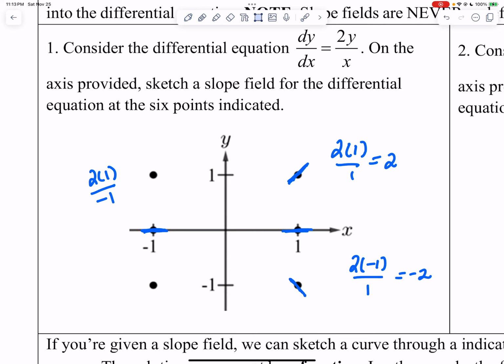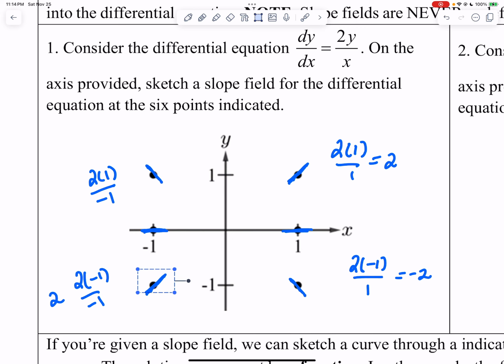So I'm just going to copy and paste that right here. Same thing for this coordinate right here. So we have 2, negative 1 over negative 1, which gives us positive 2. So that's going to be this right here.